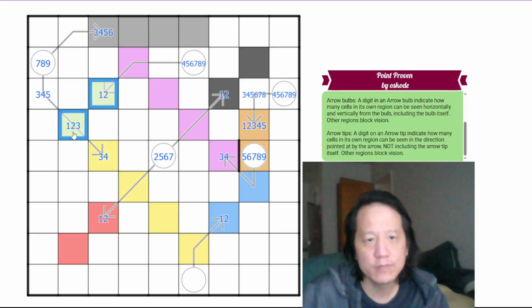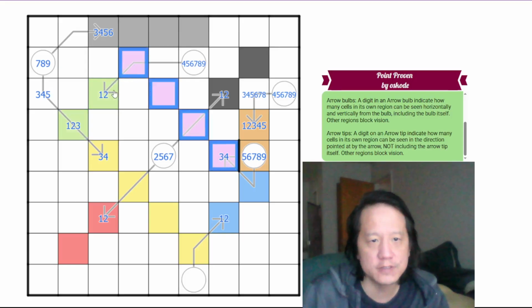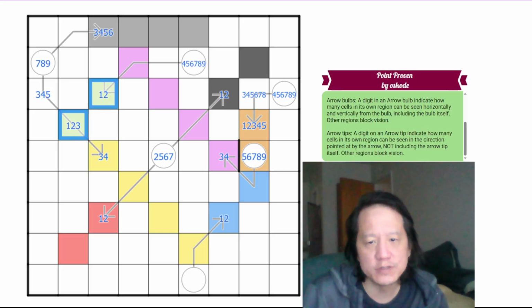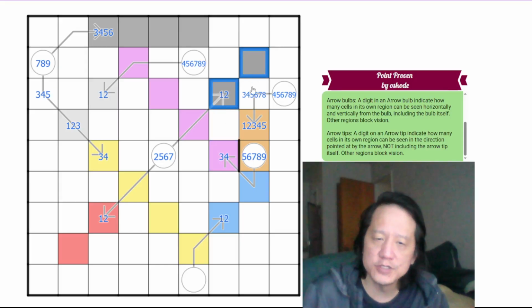Nope. So it's not part of pink, it's not part of green. Green could be part of gray. We don't know. Actually, let's make this light. So this is definitely not part of pink. So orange is either part of dark or it's part of blue.